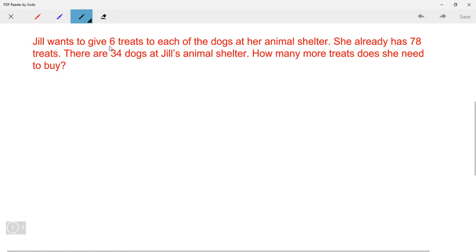So, she wants to give 6 treats to each of the dogs at her animal shelter. There are 34 dogs. Okay?